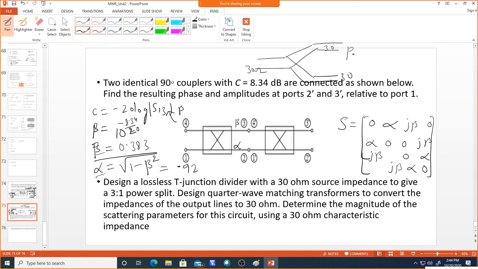You have to divide the power between port 3 and port 2, the power split. So you can take the ratio P2 by P3 as 3. Okay, so by using this power splitting, you can design the T junction divider using quarter wave matching transformers. Okay, so try to do this one and get the result in the next class.